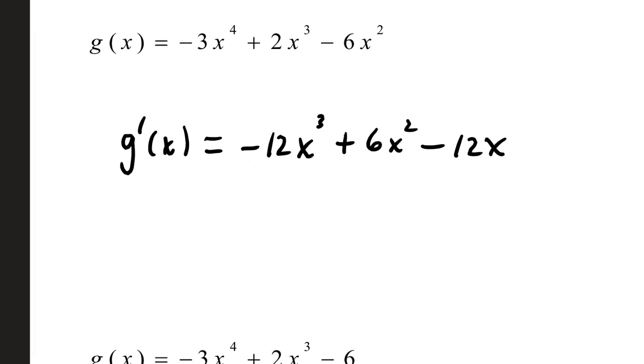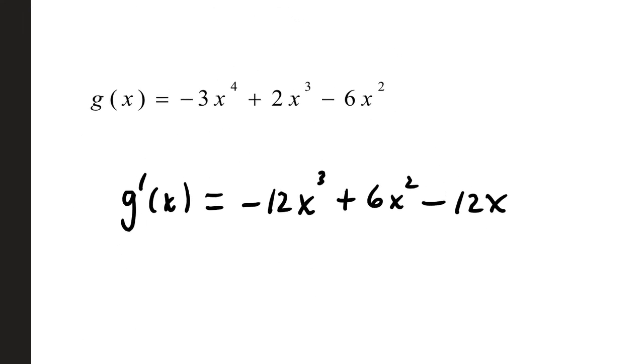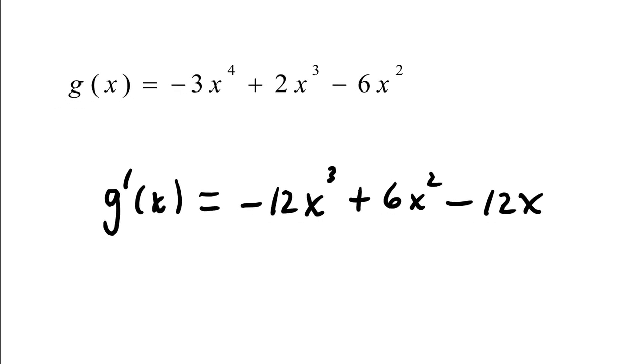No matter how long or short the function is, you apply the same power rule. If your term has the ax to the n look to it, you can use power rule. Negative 3 times 4, that's negative 12.